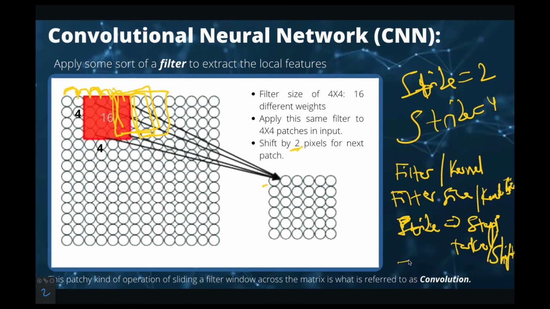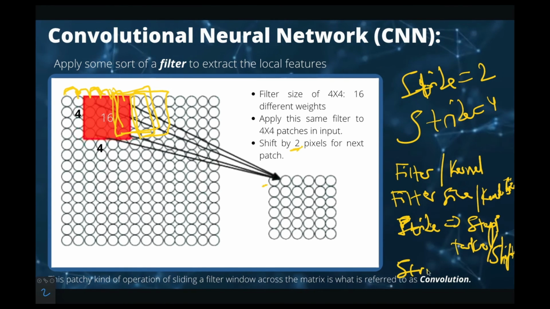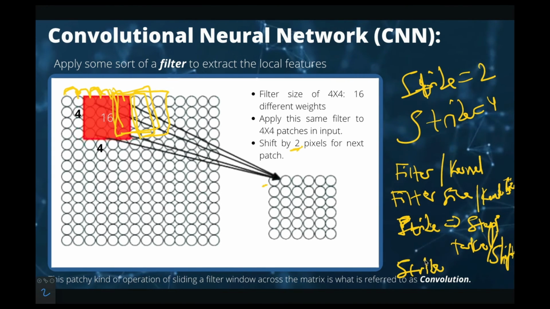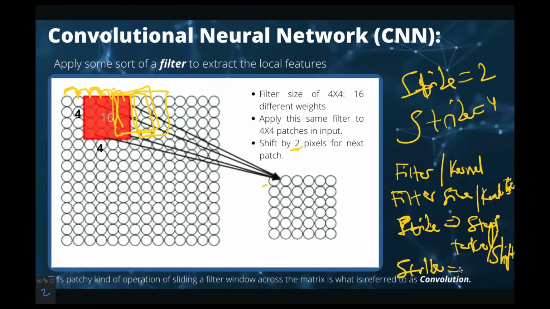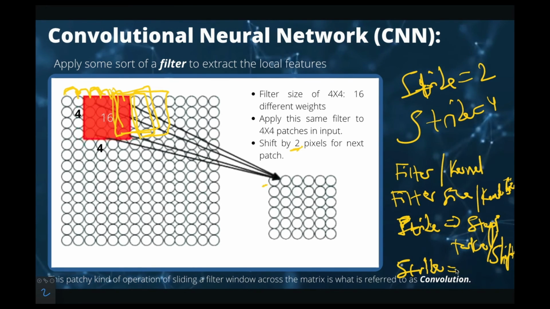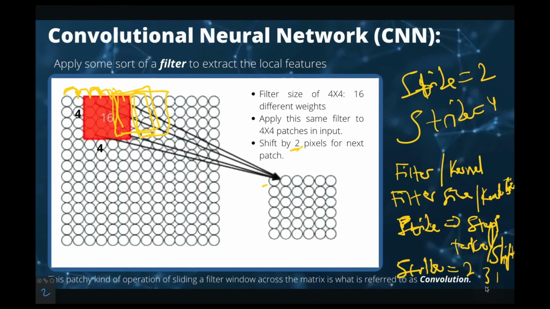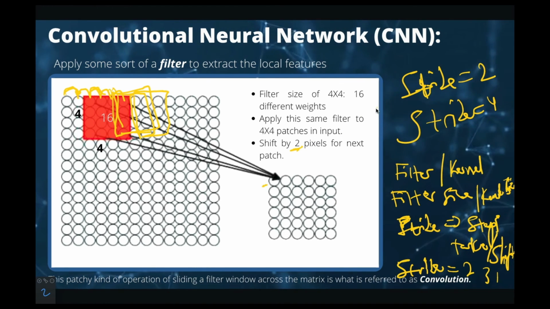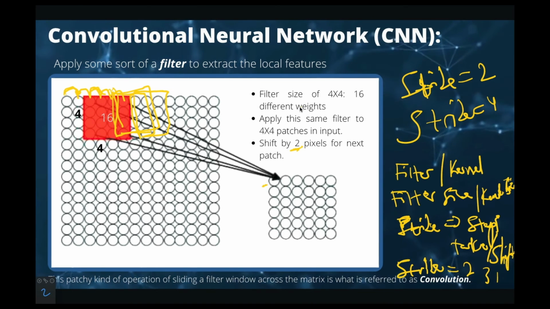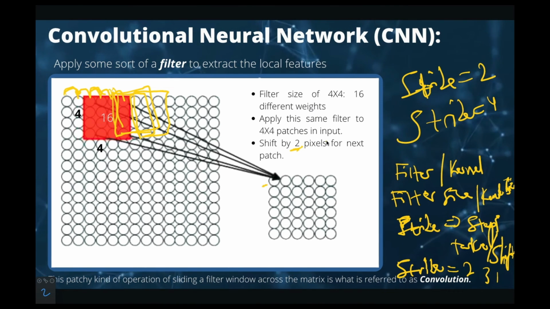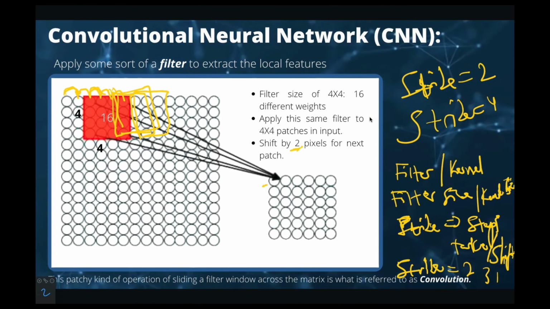You can specify the stride that you want to take, or the shift, or the steps, or the jump that you want to take. So you can take 2 or 3 or 1 or whatever you want, depending on the specifications. Later on we'll see how to determine these things. So these are the concepts that we have gotten to understand so far.